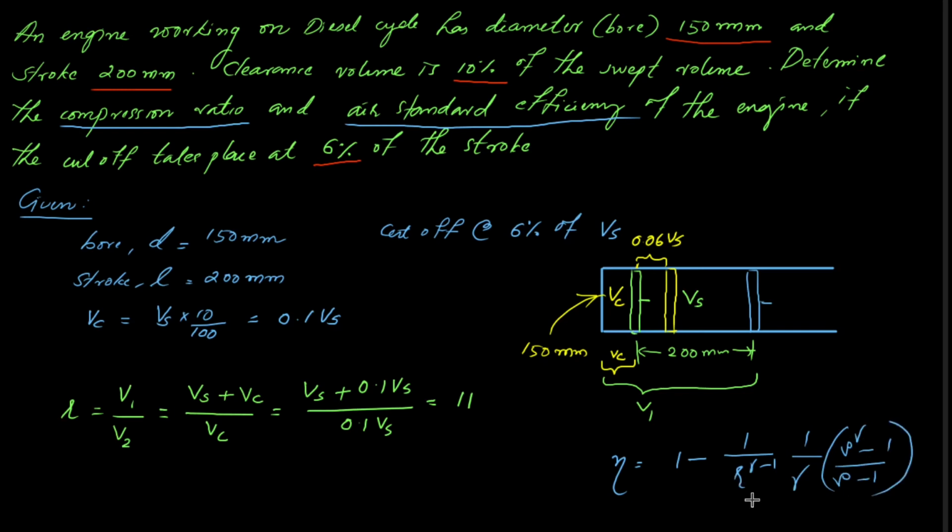Here R is the compression ratio, which we have already found out, and gamma is the ratio of Cp and Cv, that is 1.4. Then rho is the cutoff ratio. So to calculate the efficiency, we have to find out the cutoff ratio also.